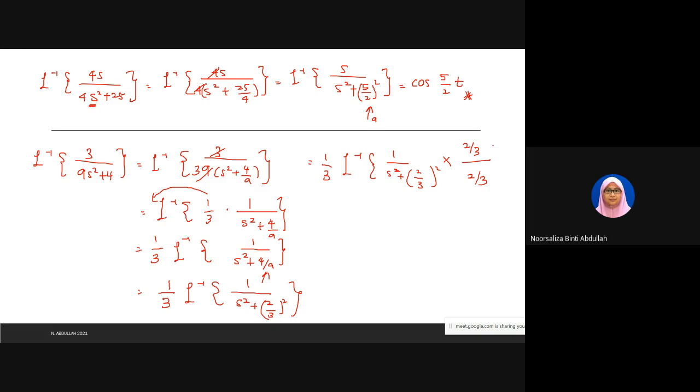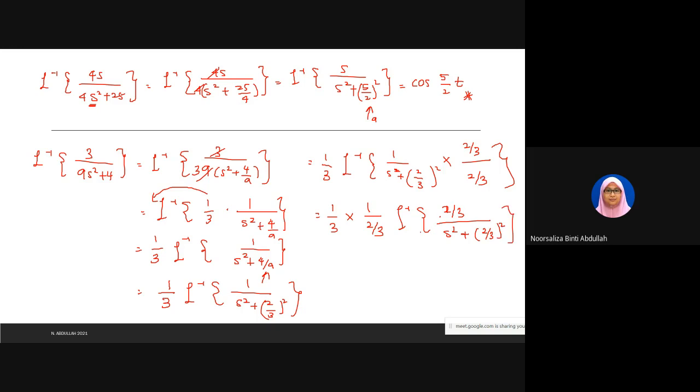So 2 over 3 here is actually 1 over 3 times 1 over 2 over 3. Then inverse 1 over, 2 over 3 s square plus 2 over 3.